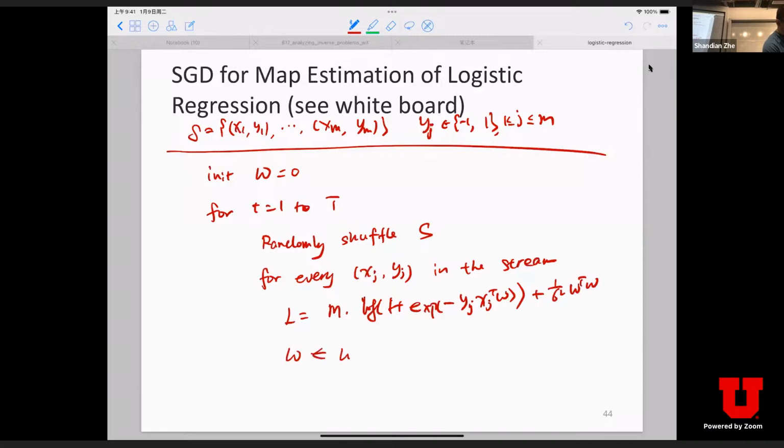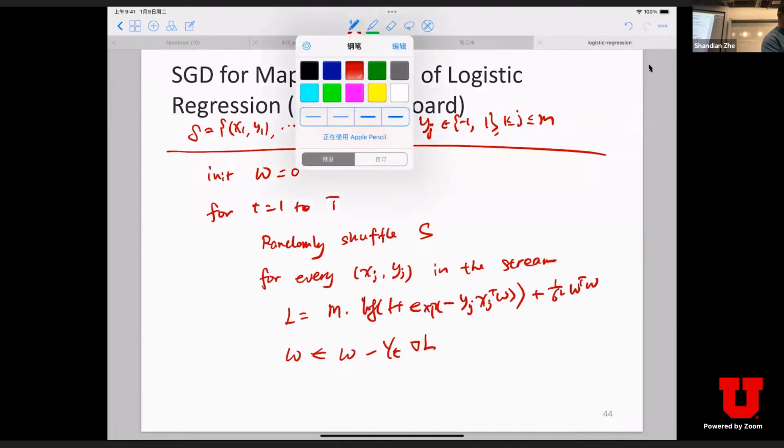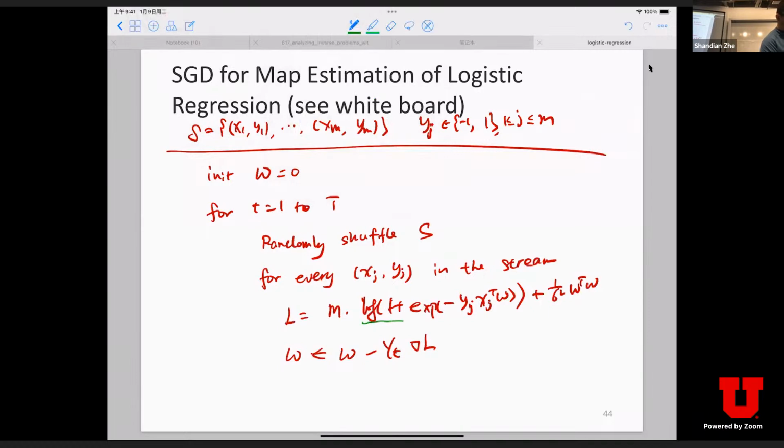You multiply this gradient by some step size to perform the stochastic gradient descent. Does it make sense? This is also how we do stochastic gradient descent for SVM. The only difference is that for SVM, we replace this logistic loss by hinge loss.